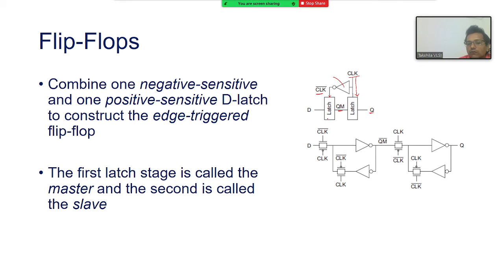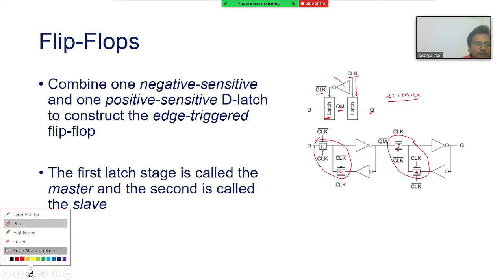So I know now the latch is nothing but a 2-to-1 mux, and each mux is a combination of two pass gates. Pass gate number 1, pass gate number 2. So that's my first latch. Pass gate number 3 and pass gate number 4 will consist of the second latch. Okay, and that's how I will understand.